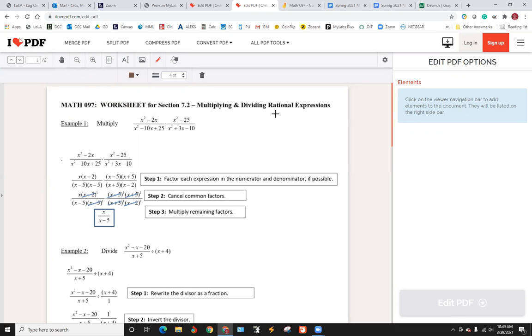So we can take care of two operations here in one. The first one we'll look at is just multiplication. Now, if we just left things like they were here and multiplied these out, these two binomials on either side, in other words, x squared minus 2x times x squared minus 25.